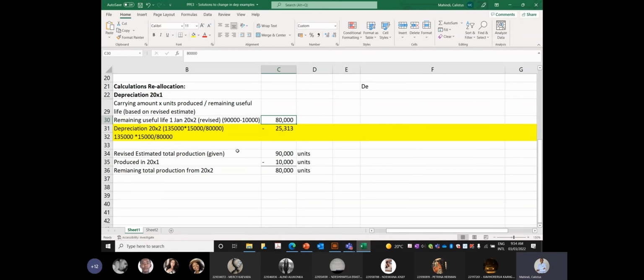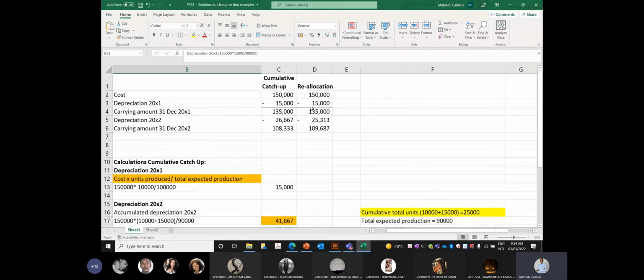So it's 15,000, the units produced in 20X2, divided by the total remaining production. The total remaining production is 80,000 units. And then you multiply that by the carrying amount, which is 135,000. You'll arrive at depreciation for 20X2 of 25,313.